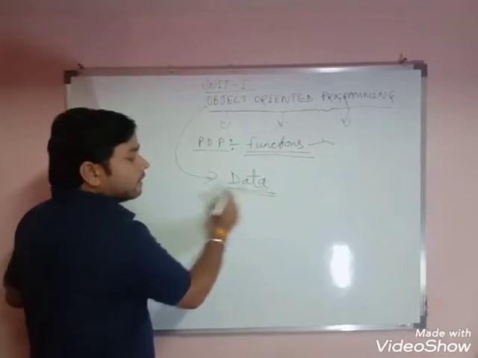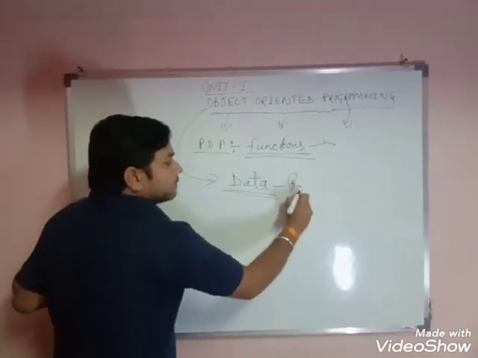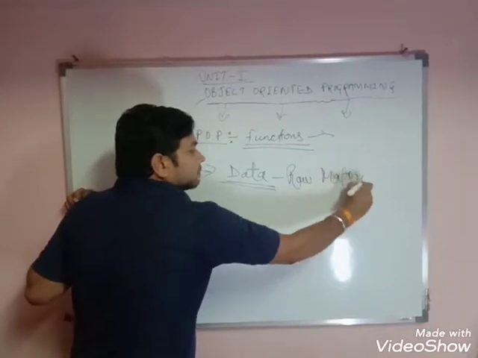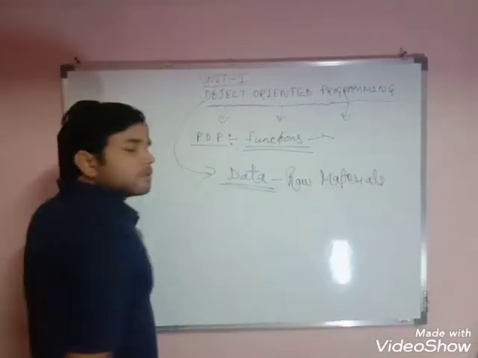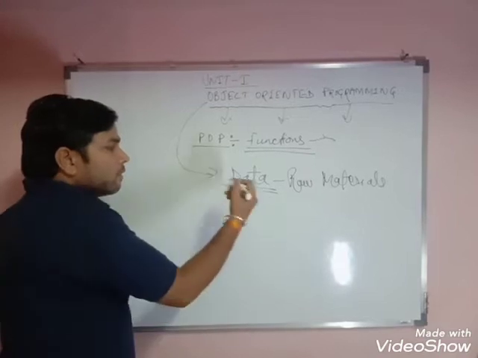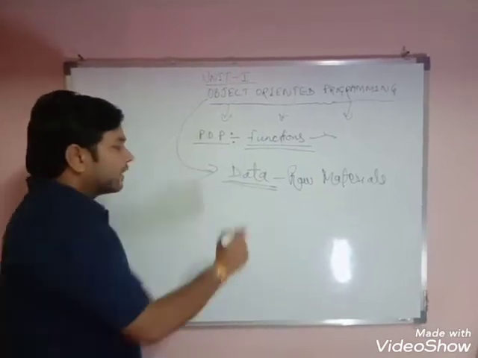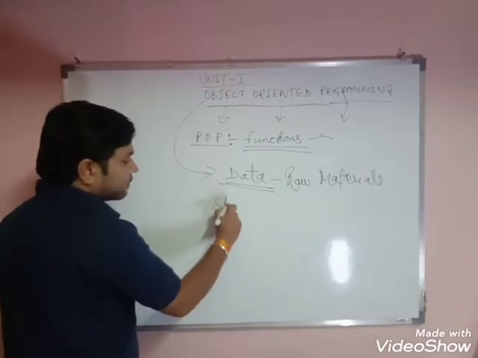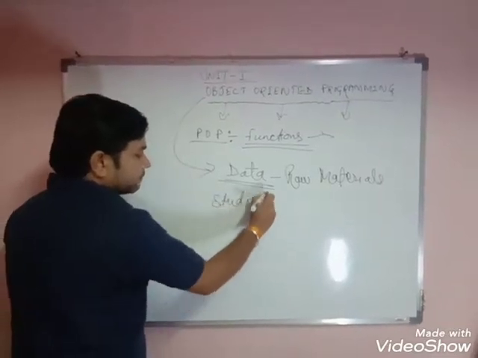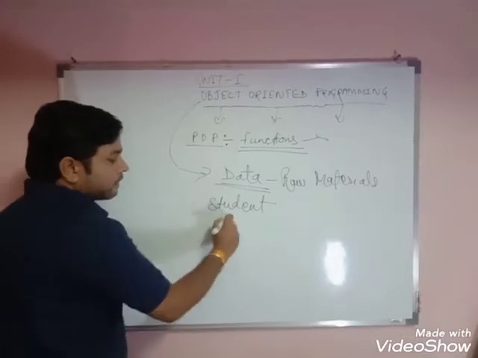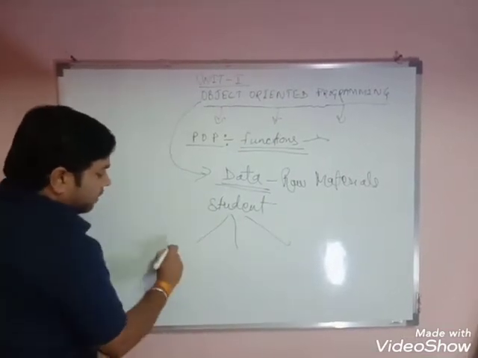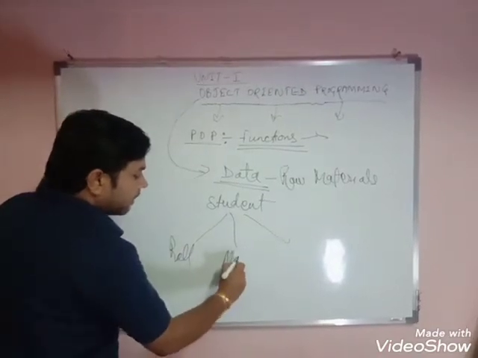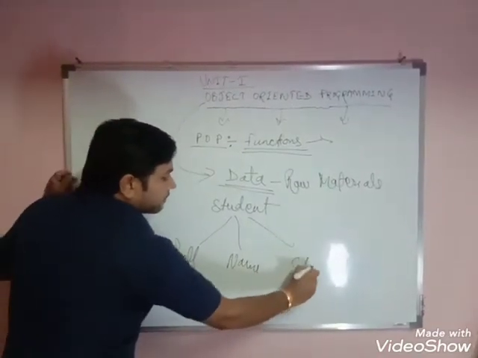Now what is data? Data is just the raw materials. If you want to understand what raw materials are, I am giving one example: a student. What are the details of the student? It can be his roll number, his name and class.